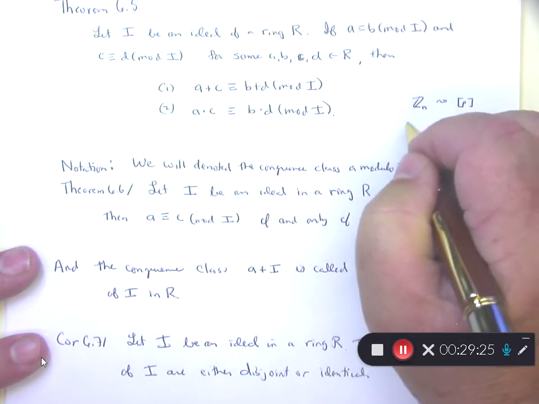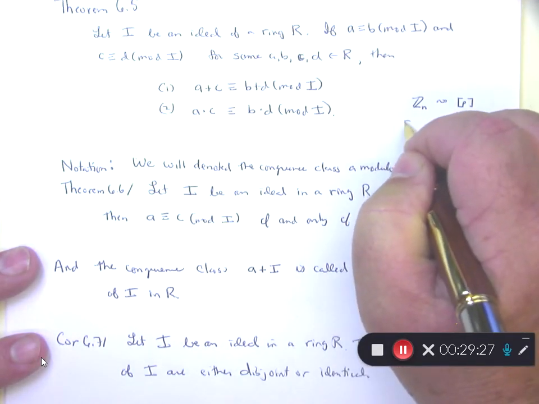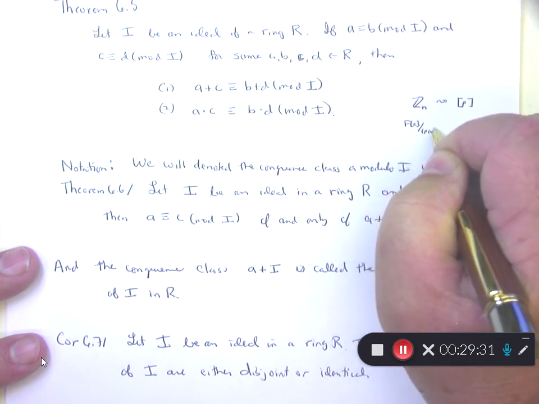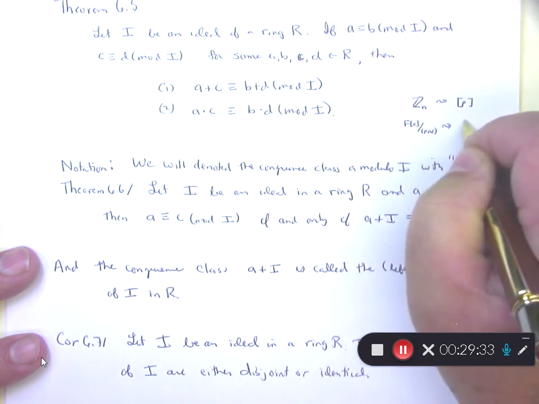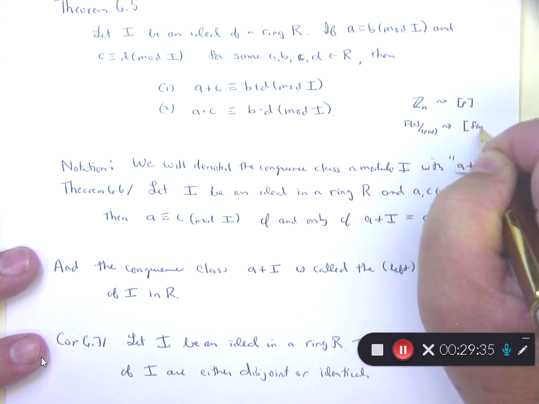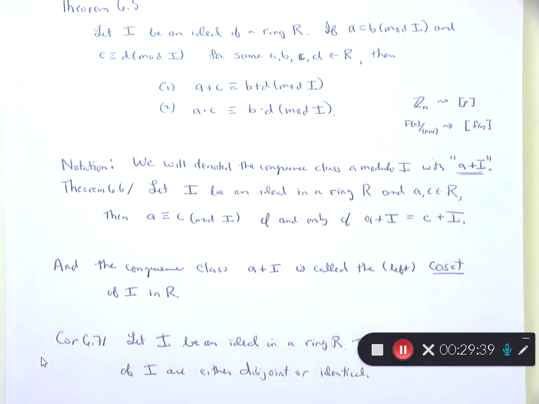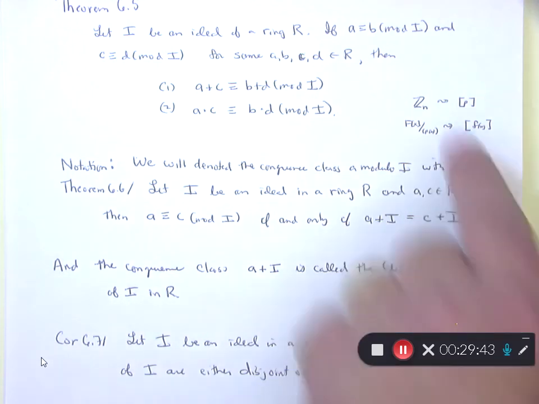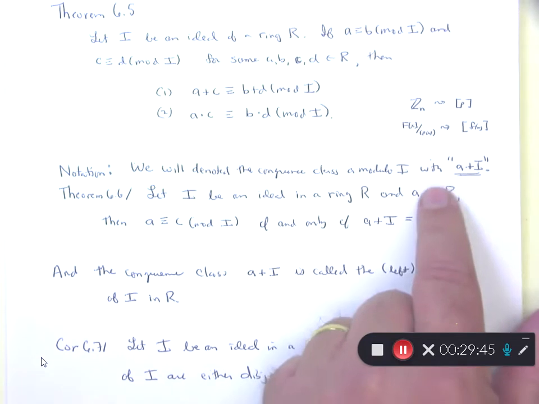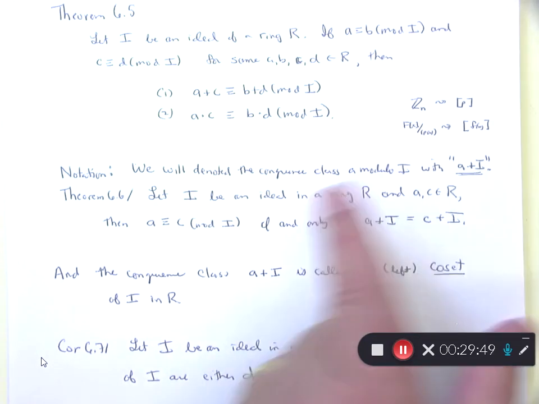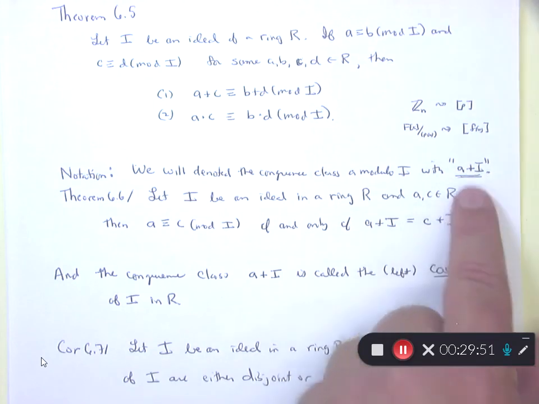When we looked at F adjoined x modded out by p of x, those congruence classes looked like pointy brackets with a polynomial inside of them. We used the pointy bracket notation. Well, with congruence modulo an ideal, we're dropping the pointy bracket notation and we're putting the element plus I. The plus I lets you know that you're dealing with a congruence class and not just an element in ring R.